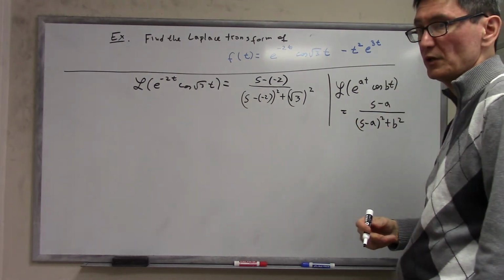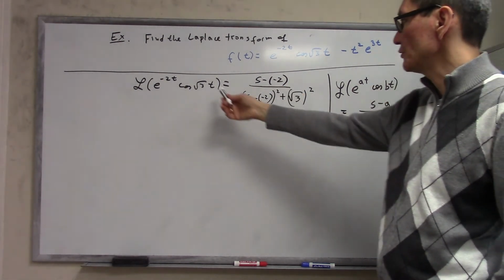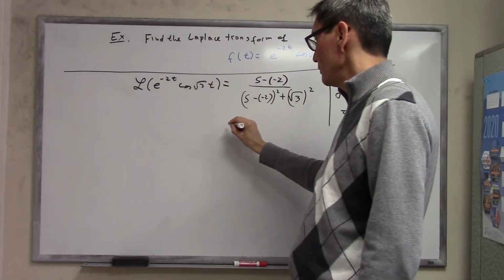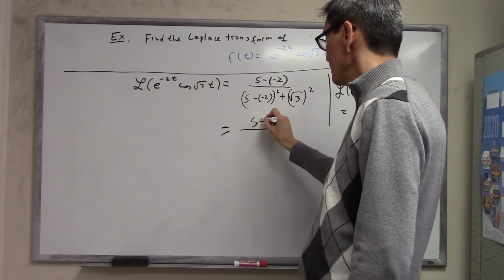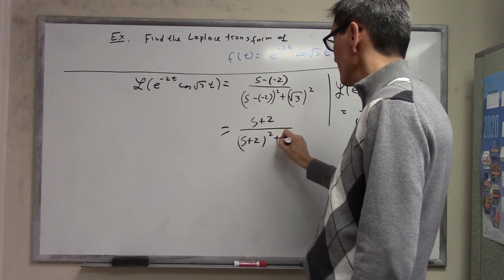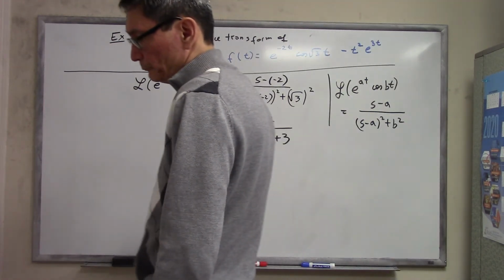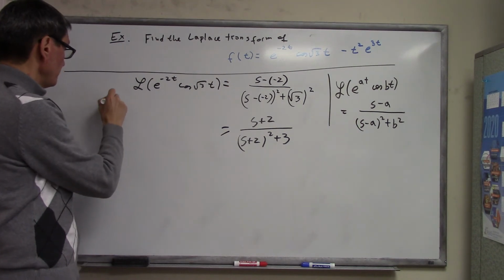That's a formula which we're using with a equals negative 2, b equals root of 3. So we're going to simplify that expression now. We're going to get s plus 2 on top, and (s plus 2) squared plus 3 on the bottom. That was the first part.